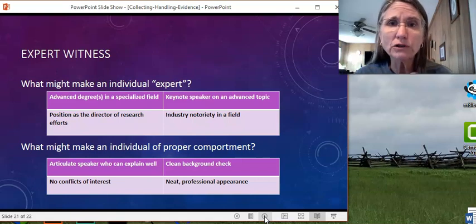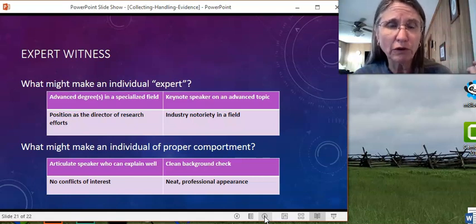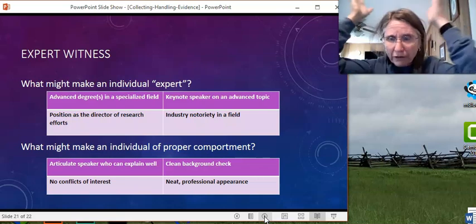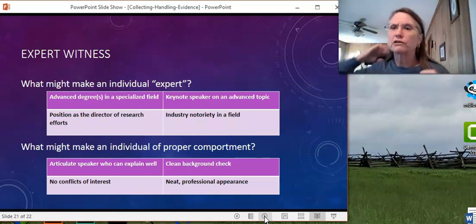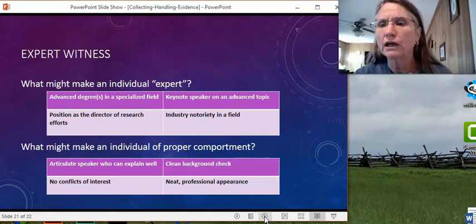But there are also some other qualities that would be very important. So imagine this individual up on the stand and in the court of law, their hair is spiked all over the place, and doesn't look like they washed it in a week.